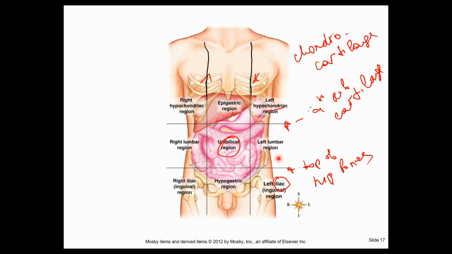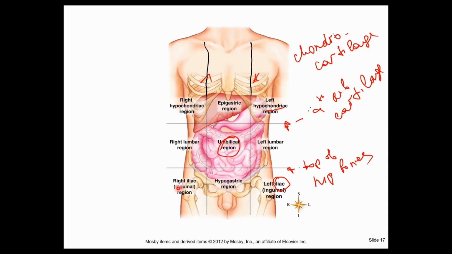Those are the largest vertebrae that basically hold the weight of the thorax, of the trunk, of the whole upper body. Next, there's a right and left lumbar region. So they correspond to the lumbar vertebrae.